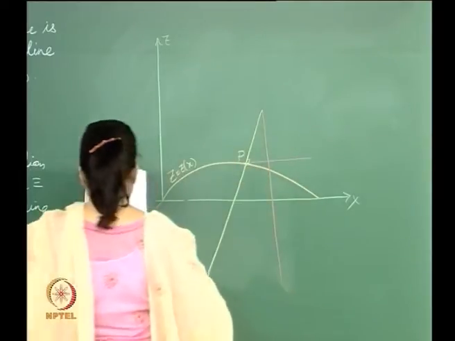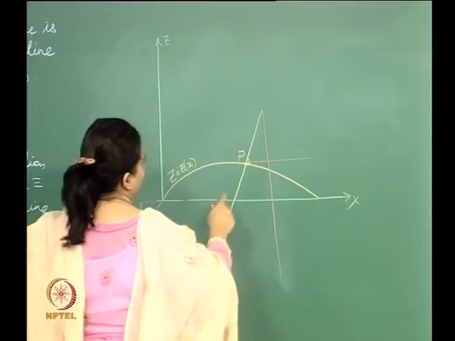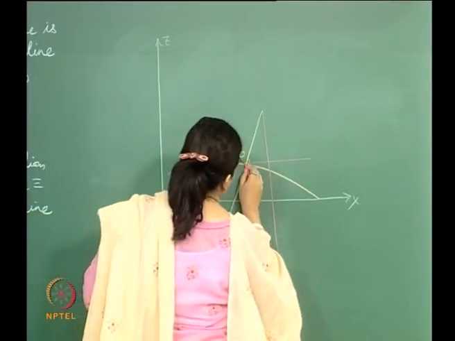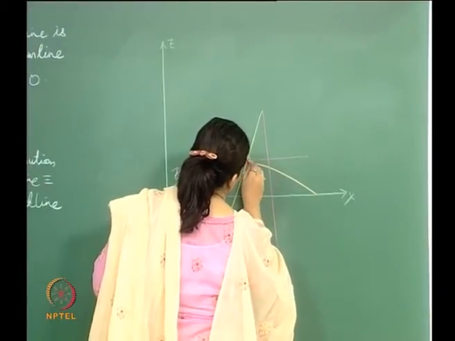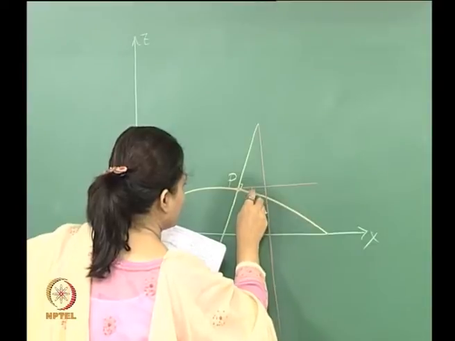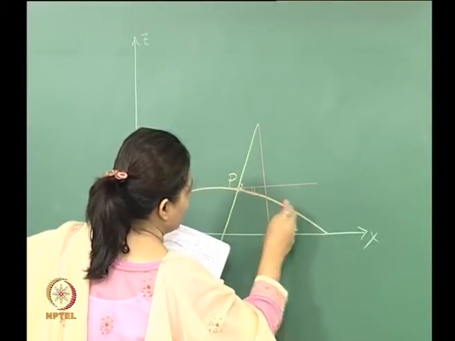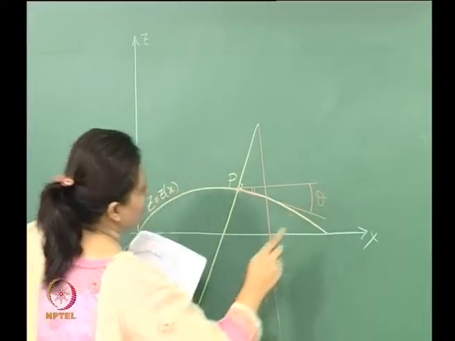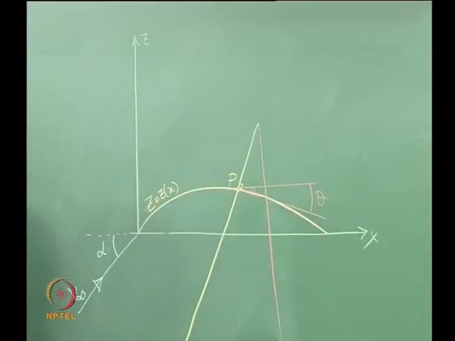Now, this slope at this point, the slope of this line, if you look at this, is the slope, isn't it?